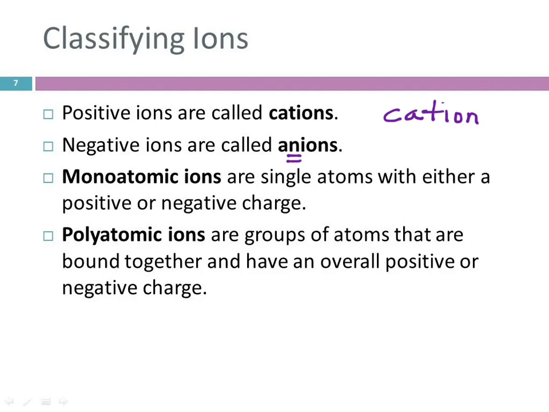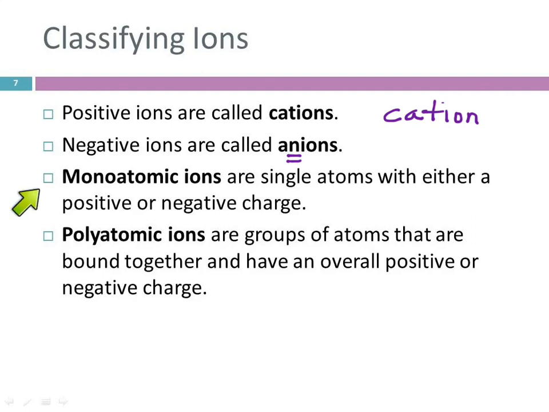Anions are negative. Okay? And it's cation, not cation, like vacation. And this is anion, not a misspelled onion. It's not anion, okay? Anion. So anions and cations, positive and negative. Anions are negative, cations are positive.